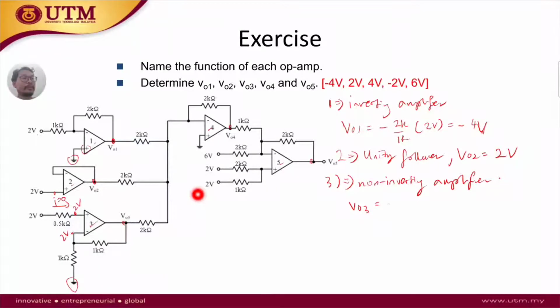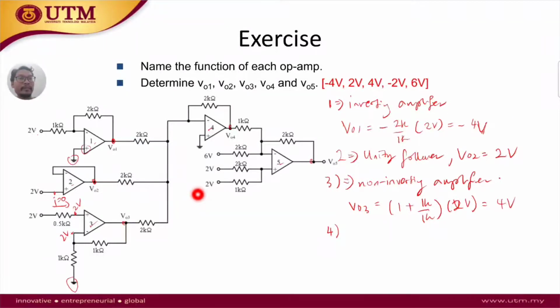If you remember our equation, this is simply going to be 1 plus 1k over 1k, times 2 volts. So 1 plus 1 is 2, 2 times 2 is 4 volts, non-inverting.